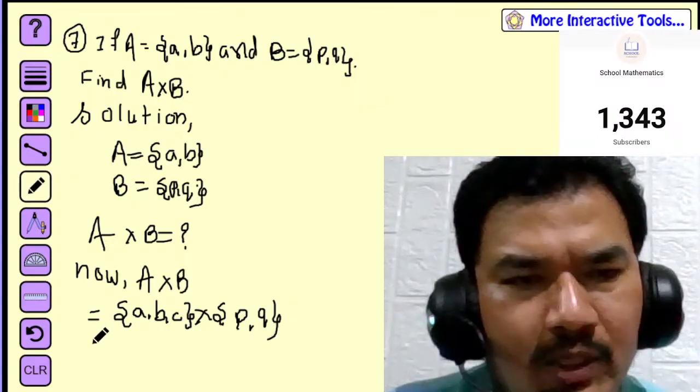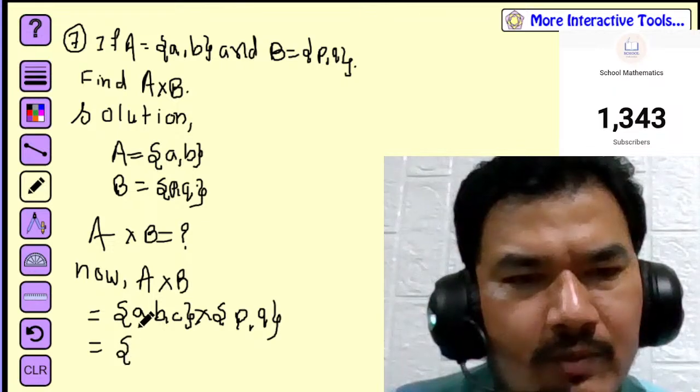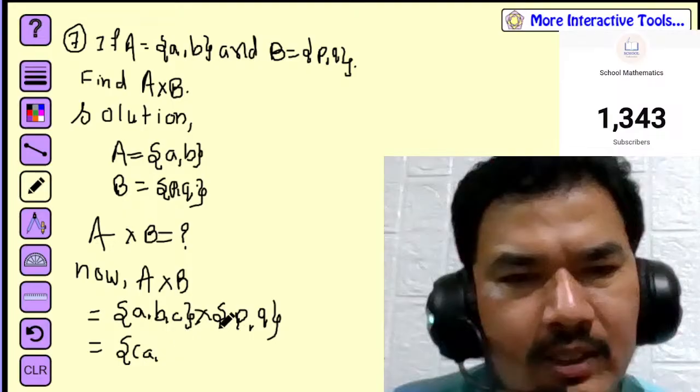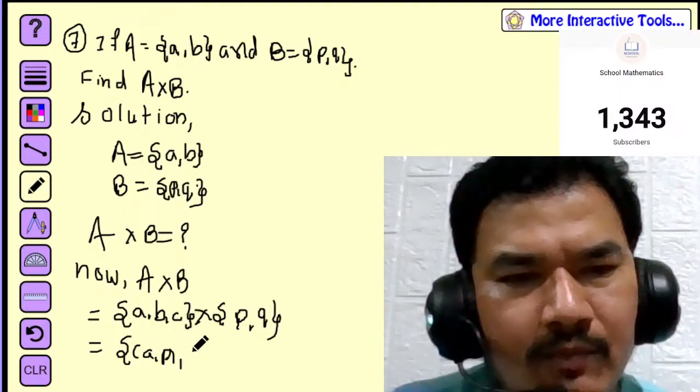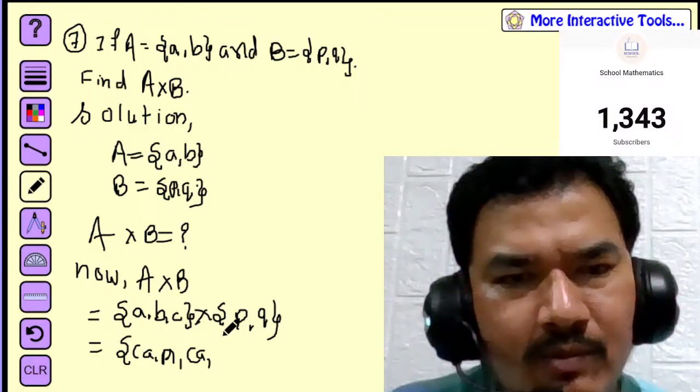When asked to find the Cartesian product, we first take the element from the first set, that is A, then an element from the second set B. Then again from the first set, first element A, then from the second set.